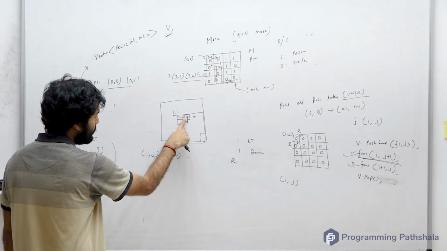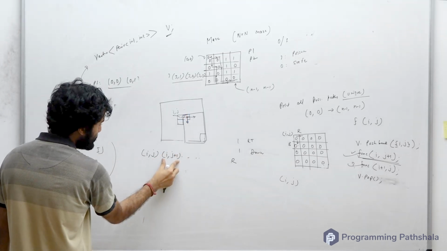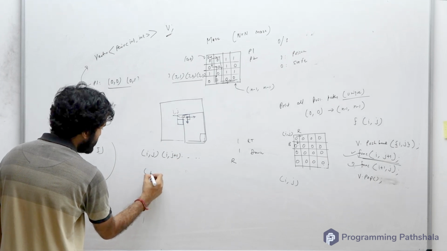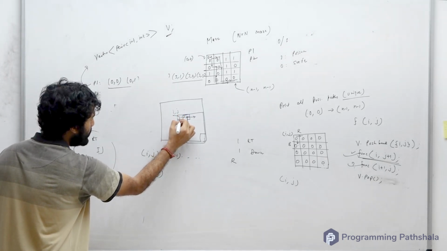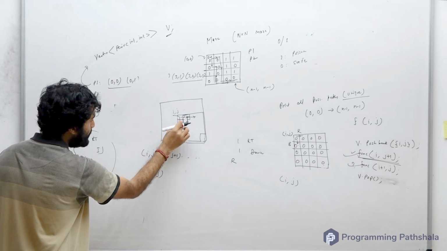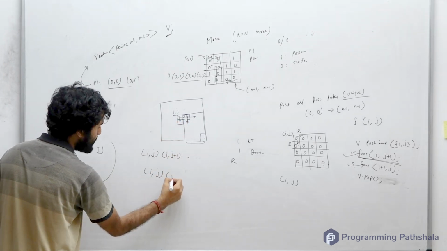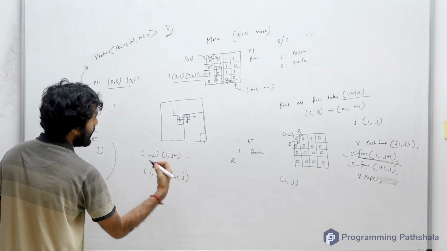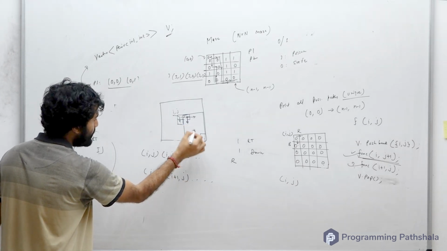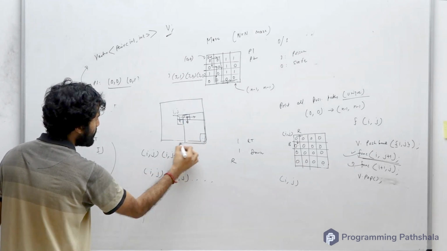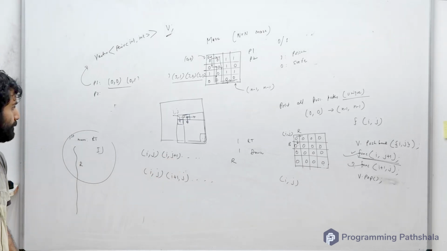Because only if you pop this thing out, then this thing goes away, and then you just have I comma j with you. Now you can come from here to here, and now when you are here, you can push this thing. What is this thing? This is I plus 1 comma j. And now then you can start printing all the paths that start from here and reach here by taking all the right kind of paths.